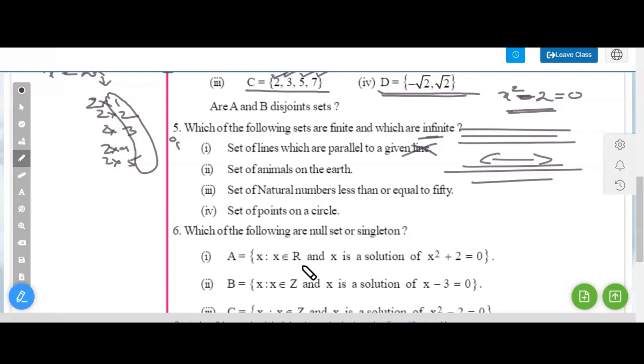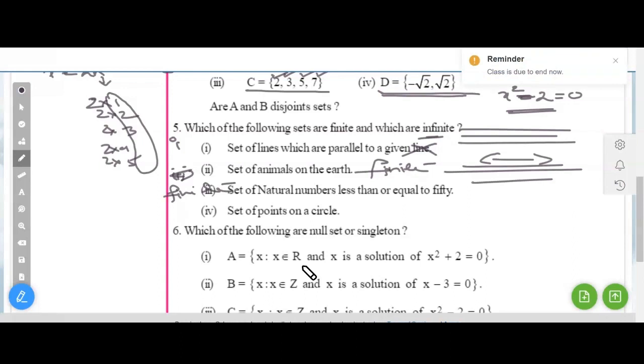Second one is set of animals on the earth. That is finite. You can have different animals on the earth which have a count, or their breeds have a count. Set of natural numbers less than or equal to 50 is finite.